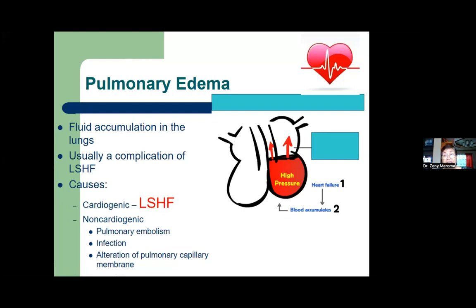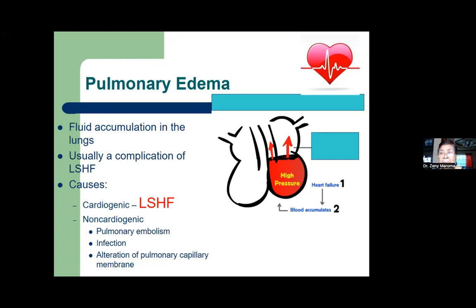Infection, like severe pneumonia. Okay? Alteration of pulmonary capillary membrane, most especially pagka may burn injury, inhalation injury. Yung pasyente, a victim of burn, tapos nalanghap niya yung superheated smoke. O yung init nun, di ba?